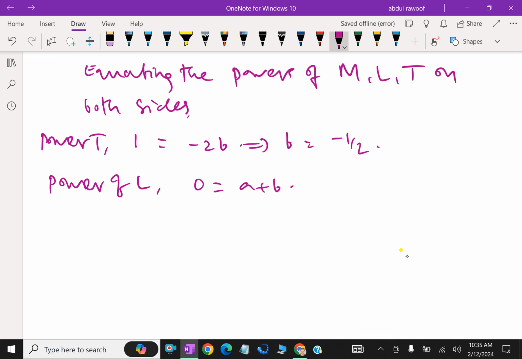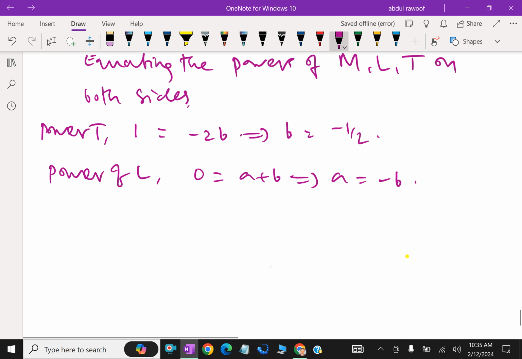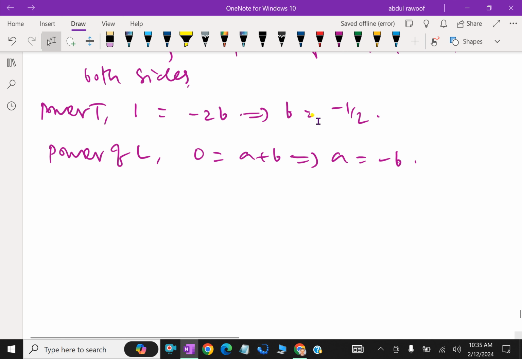Now from this we can say a is minus b. So b is minus half, and a is minus of minus half, that is half. So we got a and b.